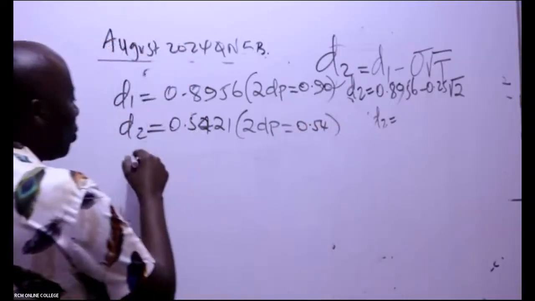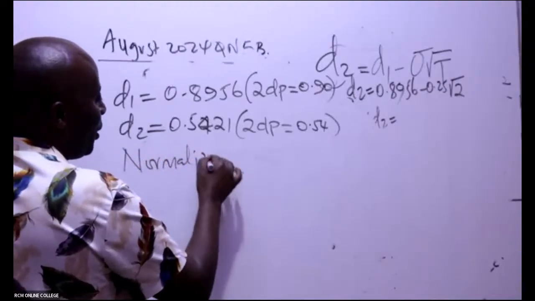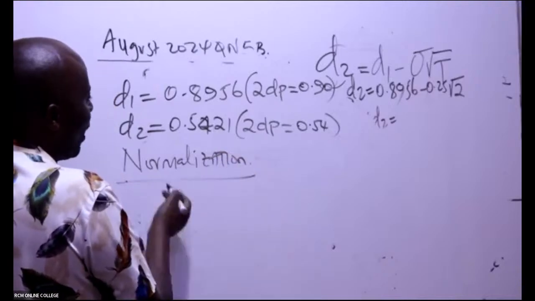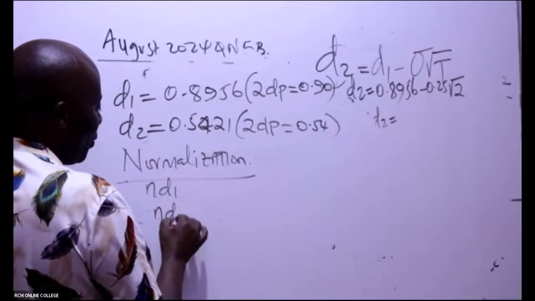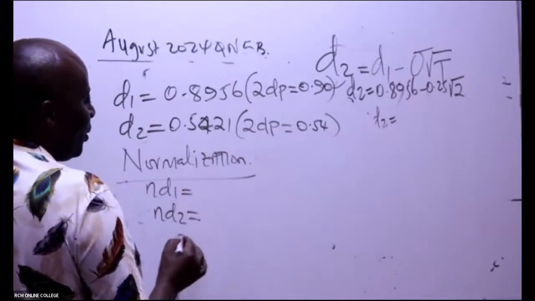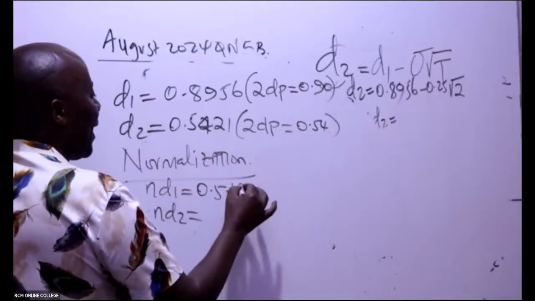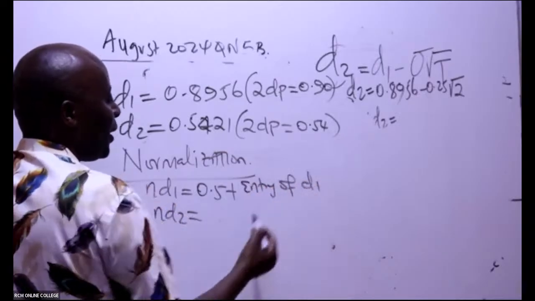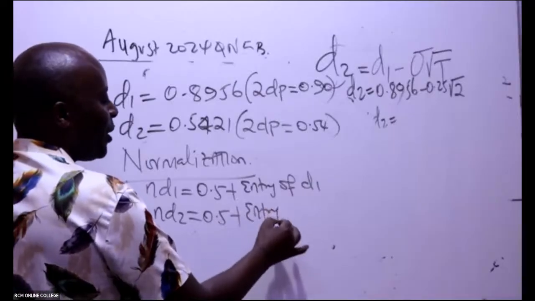So from there we go to normalization, which gives us what we call N(D1) and N(D2). N(D1) will be 0.5 plus the table entry of D1, and N(D2) will be 0.5 plus the table entry of D2.